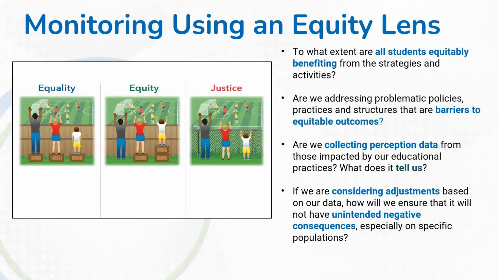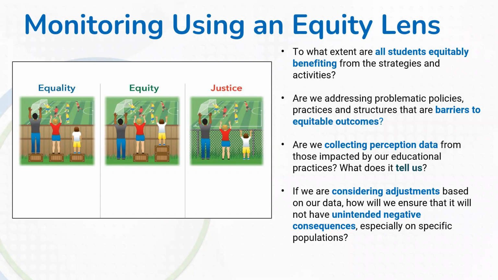So here, equity is a part of the MICIP mindset that impacts the entire process, and equity is directly related to scale and reach. The questions on this slide address just a few of the high-level considerations if a district is using an equity lens in its continuous improvement process.